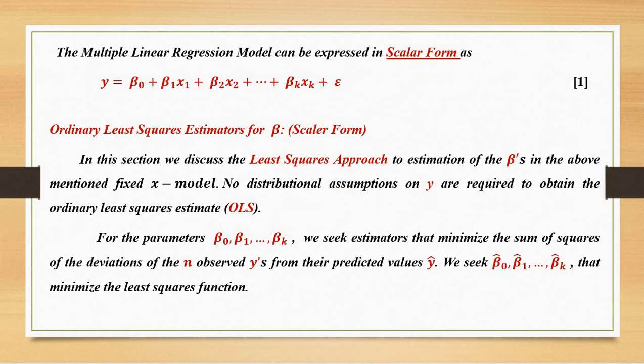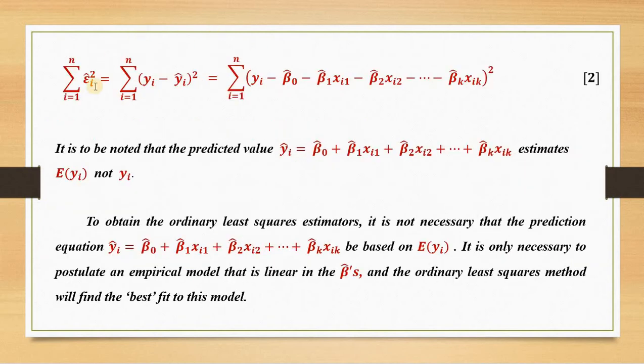Here, no distributional assumption on y is required to obtain the ordinary least square estimate. For the parameters beta naught, beta 1 up to beta k, we seek estimators that minimize the sum of the squares of the deviations of the n observed y's from their predicted values y cap. So we seek beta naught cap, beta 1 cap up to beta k cap that minimize the least square function.